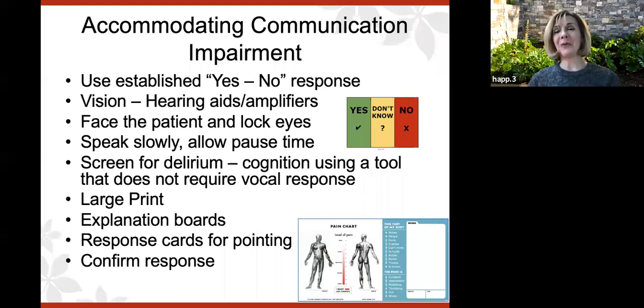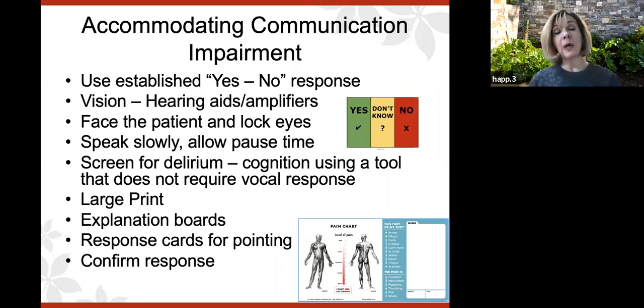And so that lag time isn't necessarily indicating that they don't understand. It's just indicating that they need an extra moment to formulate their response.